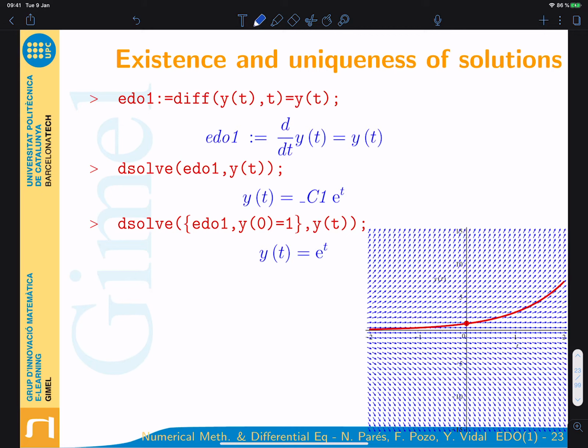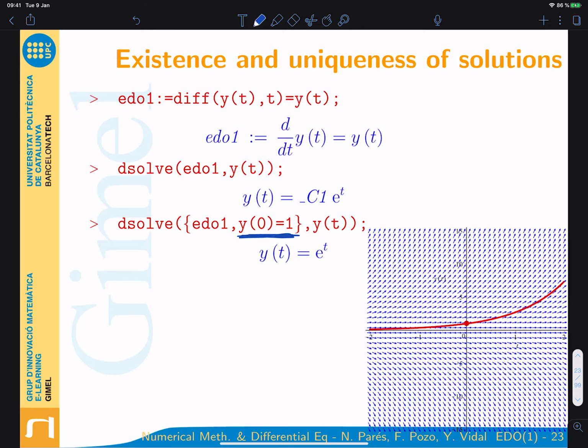This is the geometric interpretation of this ODE. The blue vector field represents the ordinary differential equation, and the red curve is the specific solution when using the initial condition y0 equals 1.